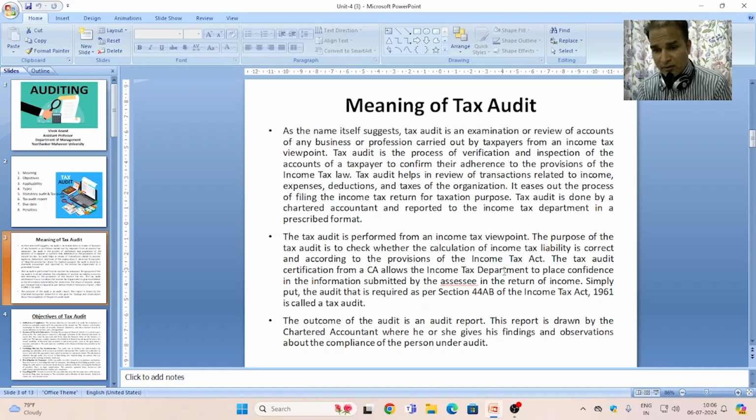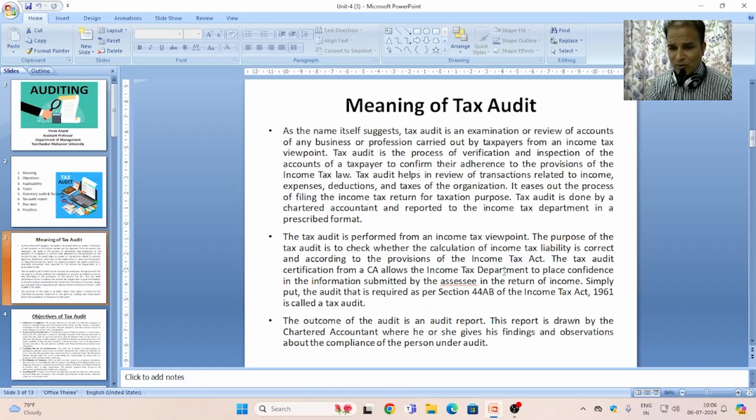The tax audit certification from the CA allows the income tax department to place confidence in the information submitted by the SSC in his income tax return.